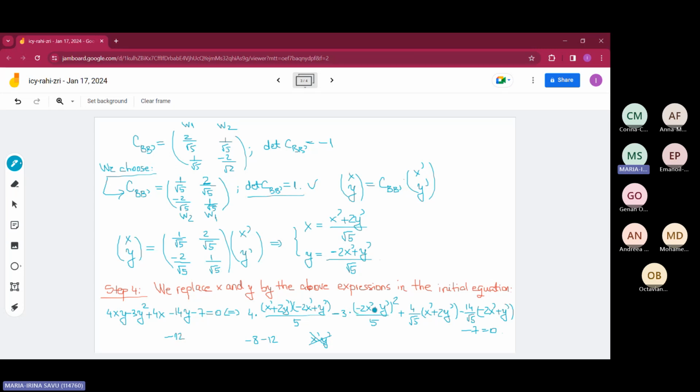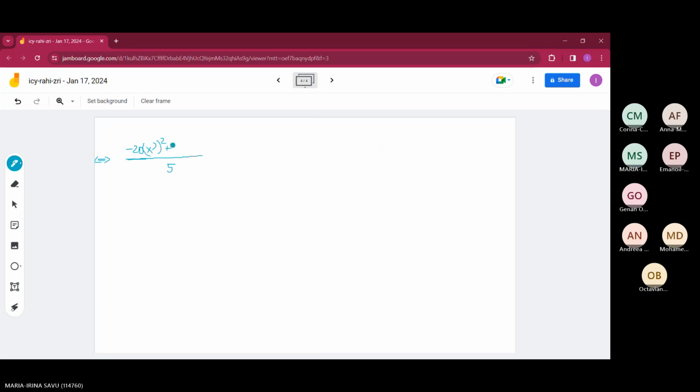Here we have 4 with a minus in front of it, times minus 3, which is plus 12, okay? So we won't have this term. And now let's move to y prime squared. From here, we have 2y prime squared times 4, which is 8y prime squared. And from here, we have minus 3. Okay, so 8 minus 3 means 5y prime squared.